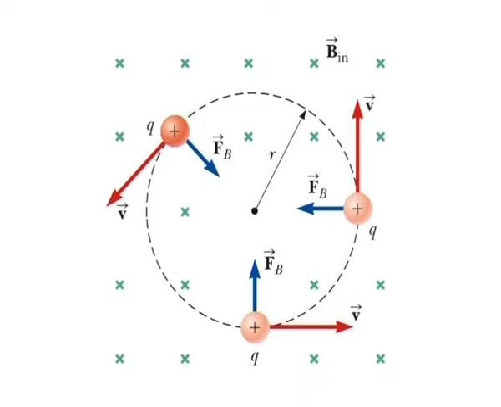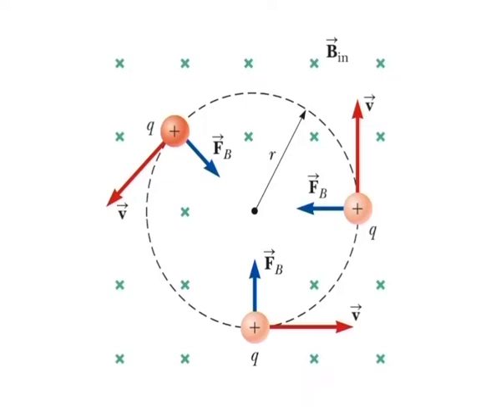Although magnetism and magnetic forces may be new and unfamiliar to you now, we see a magnetic effect that results in something with which we are familiar, the particle in uniform circular motion.